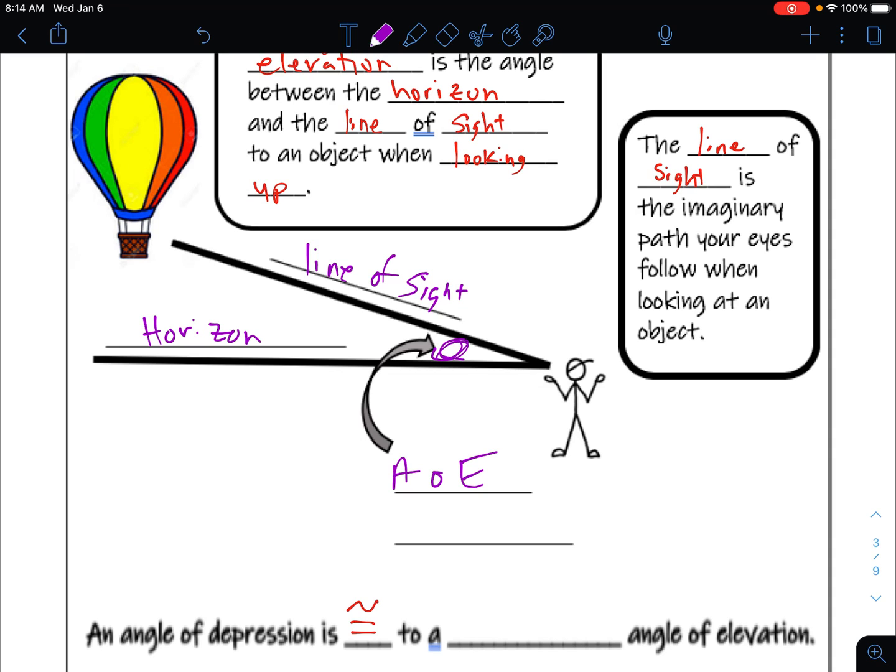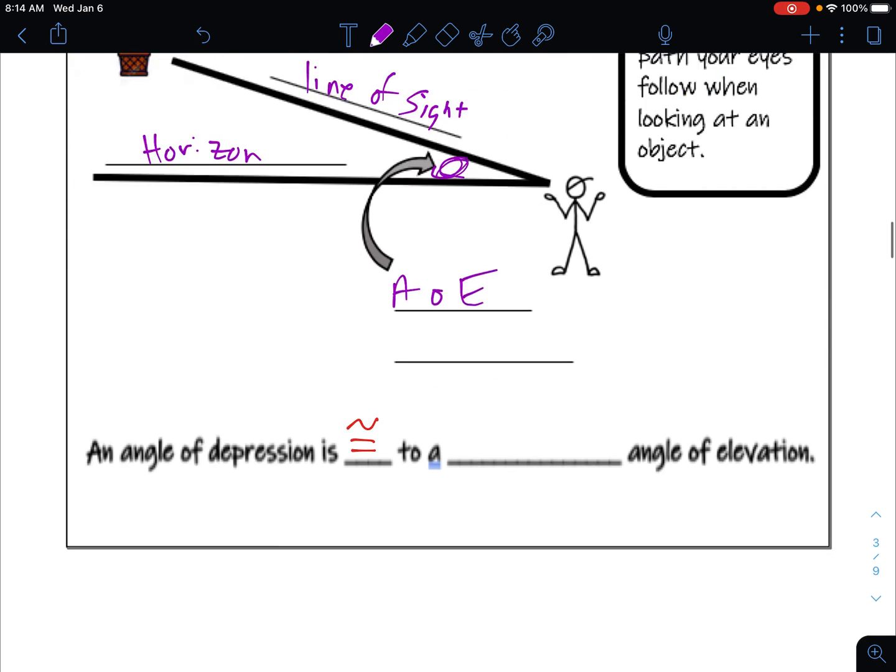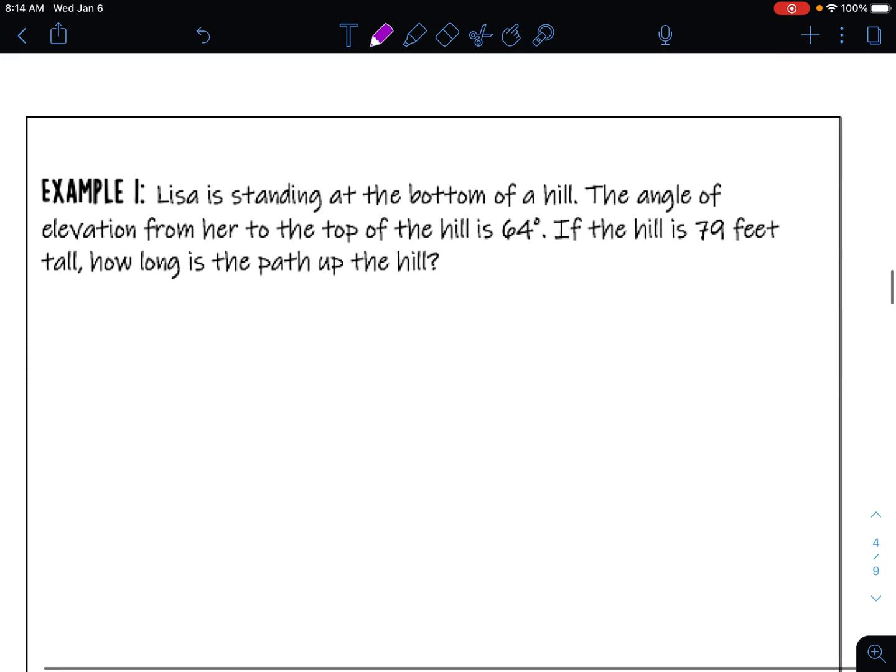And then when we get to the angle of depression, the angle of depression is congruent to the angle of elevation. You're going to see that alternate interior angles will be one thing I'm going to bring up, but we'll be able to draw the triangles out. So Lisa, here's Lisa, standing at the bottom of a hill.